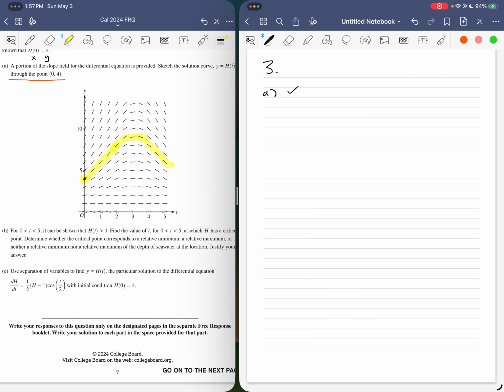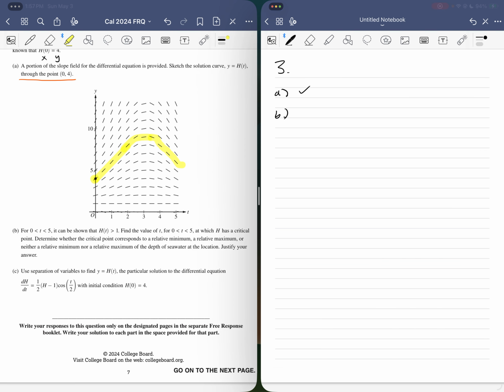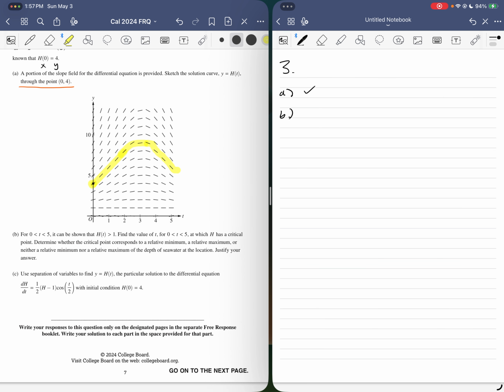Number 2. At a point where 0 is less than t less than 5, it is shown that h of t is greater than 1. Find the value of t for 0 less than t less than 5 at which h has a critical point, which means where h prime is equal to 0.